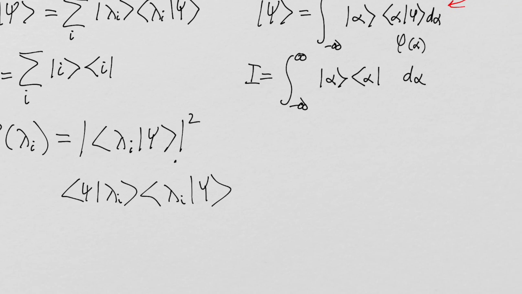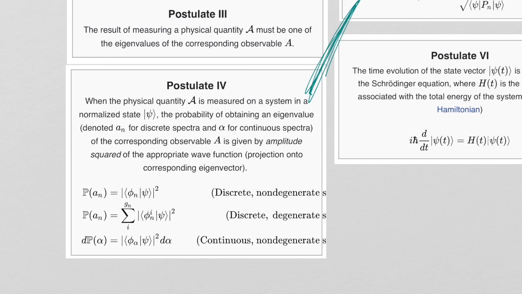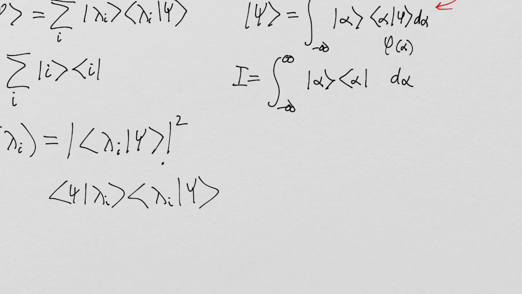Now over here, we can't ask the same question. We have to go back to the postulate and say for a continuous non-degenerate state, we can get the differential of the probability of a measurement of eigenvalue A to be this square magnitude times the differential of A. That's kind of a pain. So what does that look like?